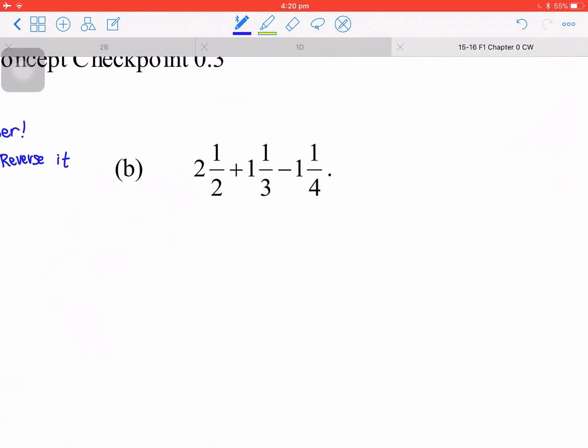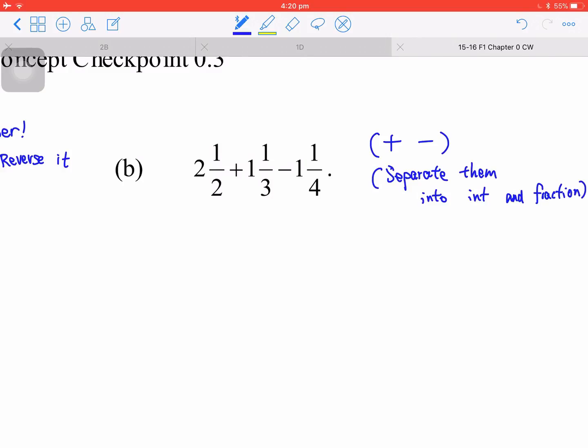For this one, when you have addition and subtraction, you can separate them into integer and fraction.